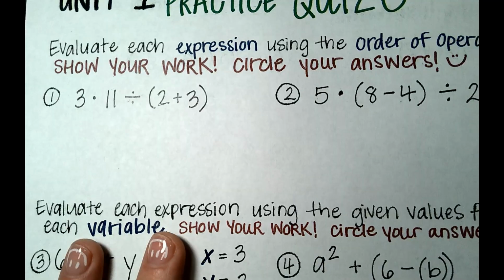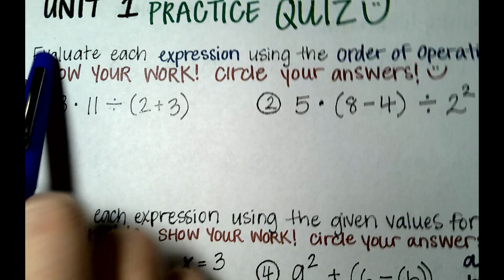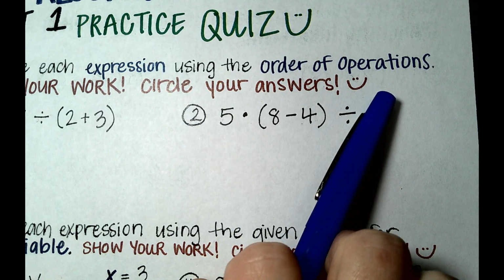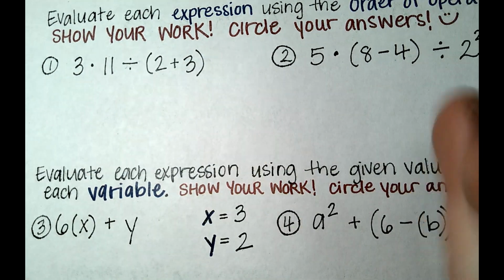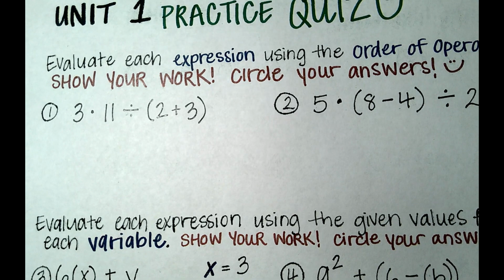So for number 1 and 2, the directions say to evaluate each expression using the order of operations. So we just want to simplify this in the correct order. Now, what are the order of operations? What does that mean? You guys remember?